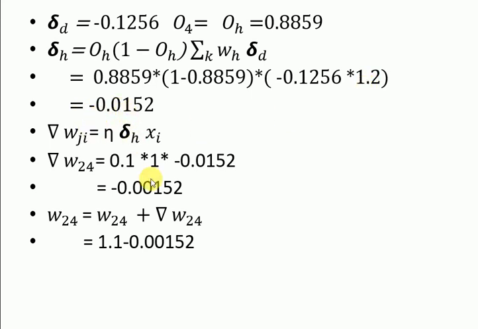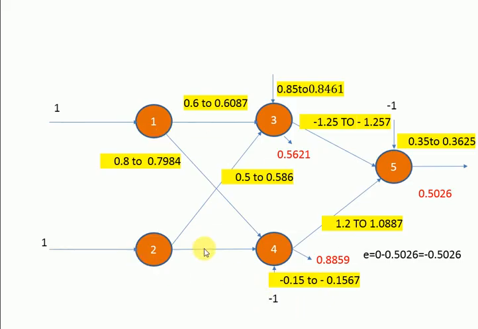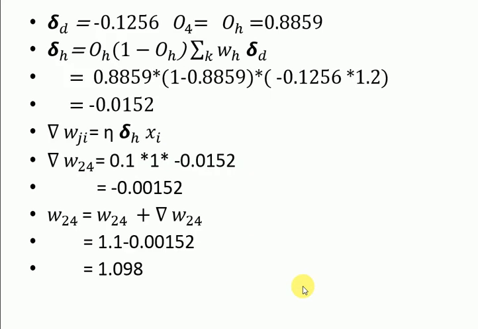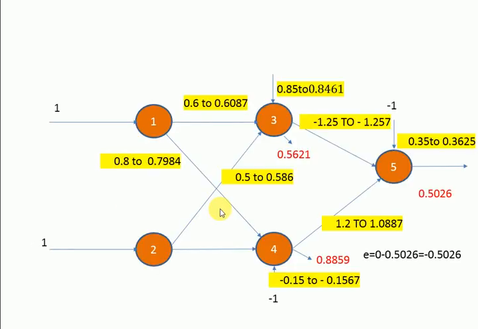We get this value, and derivative of W of ji equals eta into delta H into X of i, and that is this value. This value is changed here, from 1.1 to 1.098. To calculate this we used this 1.2 and 1, so this 1.1 value.